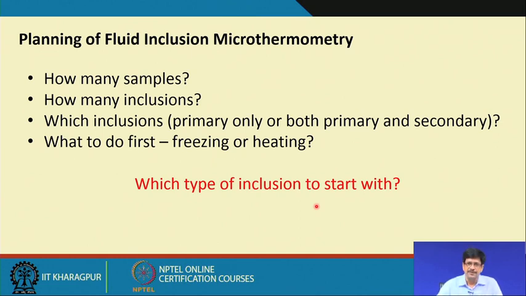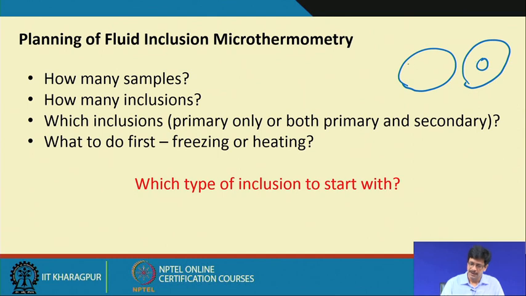Out of the types of inclusions that we have discussed so far, the pure carbonic inclusions, either monophase or in the form of a biphase, are the easiest to do microthermometry on. This is liquid CO2, this also liquid CO2, and this is the vapor.